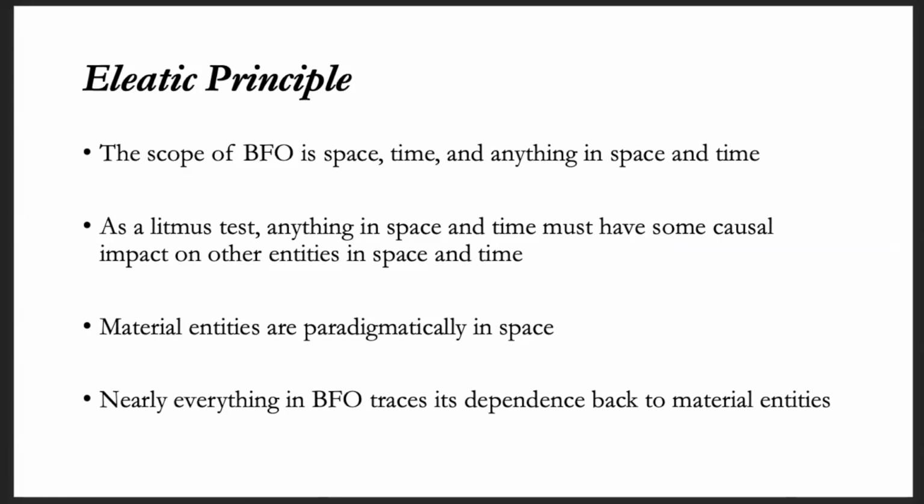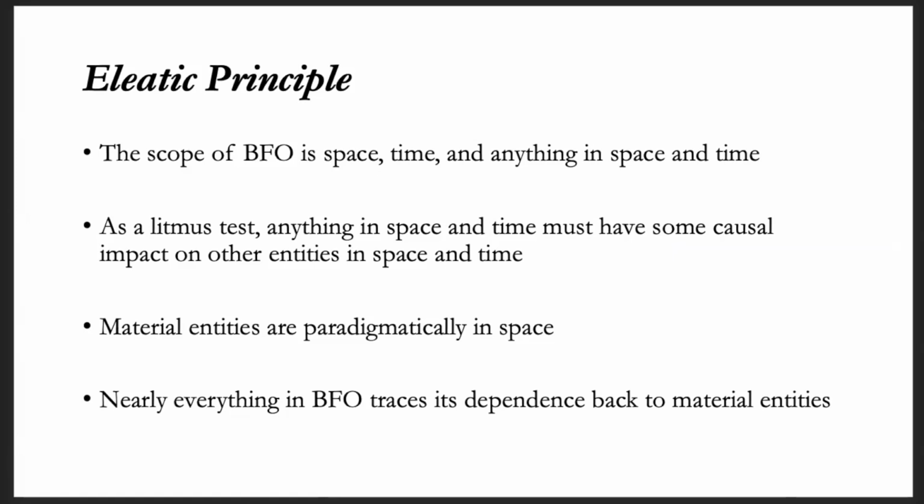As a litmus test, anything in space and time must have some causal impact on other entities in space and time. It's called the Eleatic principle, a metaphysical principle from David Armstrong that underwrites a lot of what we do. If something is in space and time, it has to have some potential impact on other things. Otherwise, causation is irrelevant, right?